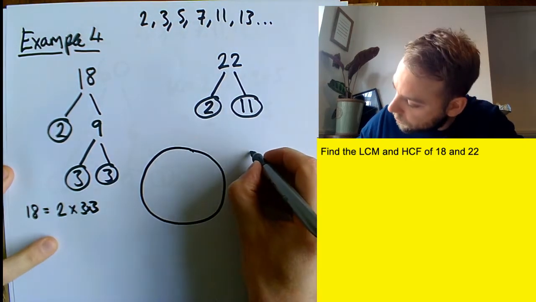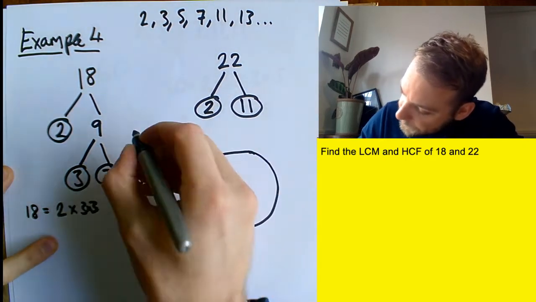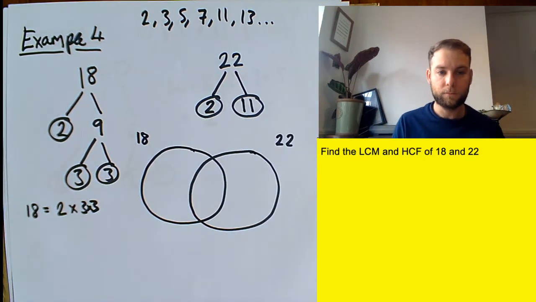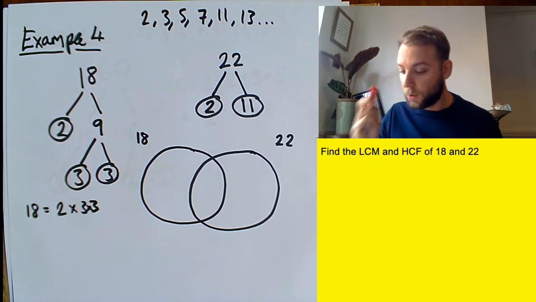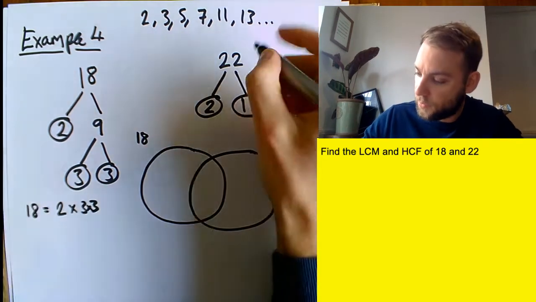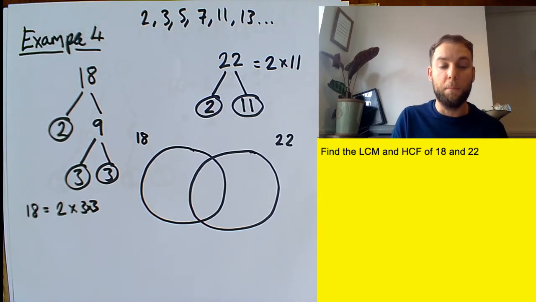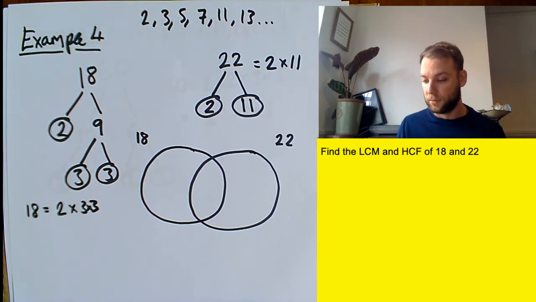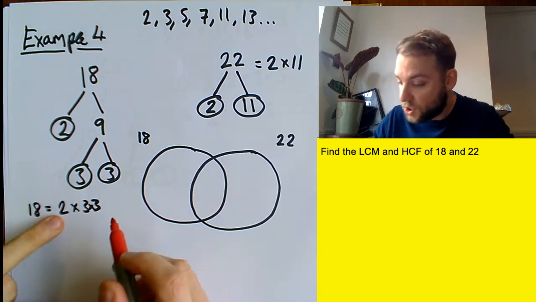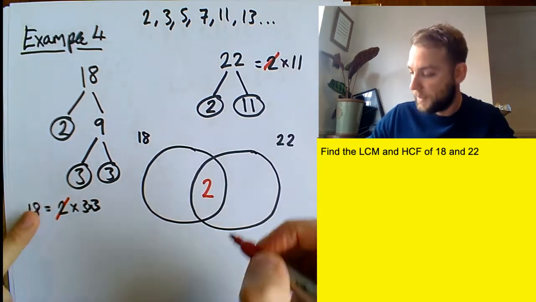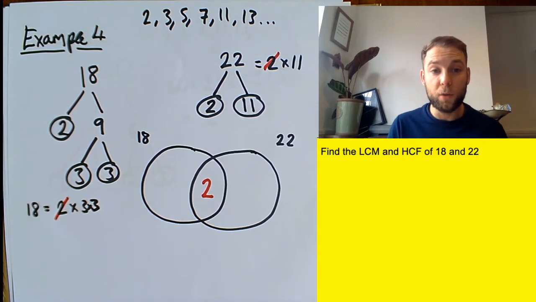It's 2 circles, like this. You've got 18 over here, you've got 22 over here. The first thing we need to do, probably I should have written this as 2 times 11, is to see the numbers which are in both of them, so we can put those in the middle. If I look at this, there's a 2 in both of these, so let's cross that off, and I put the 2 in the middle. Are there any other numbers that are in both of these?